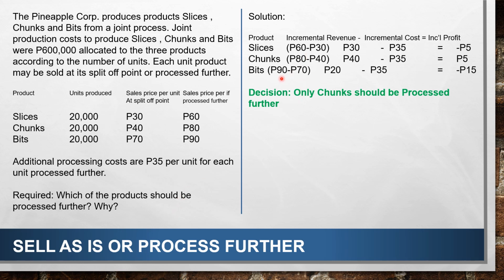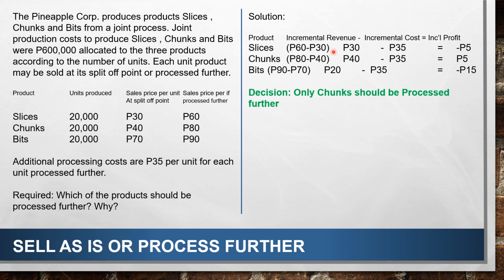Again, we are after the incremental profit. So we have here the incremental revenue column, the incremental cost column, and the incremental profit column. The incremental revenue is the increase in revenue if we process it further.